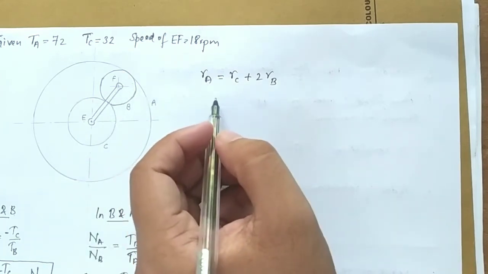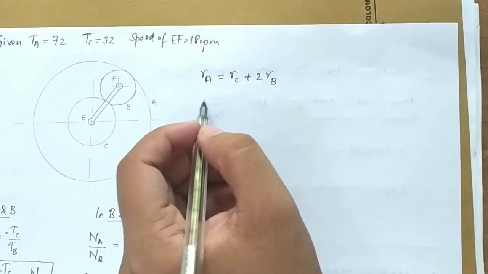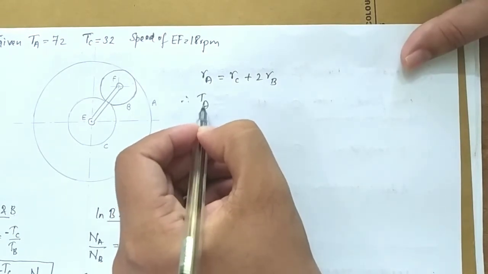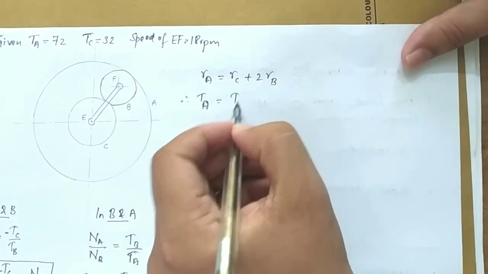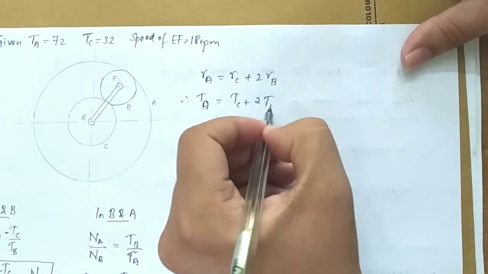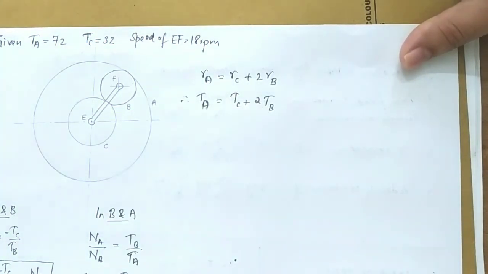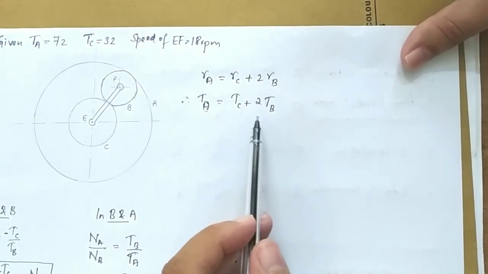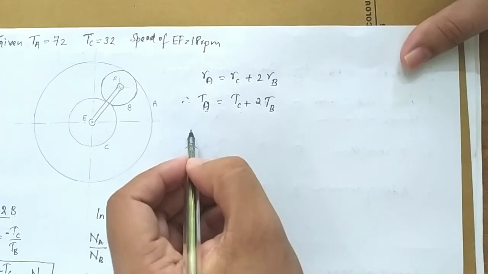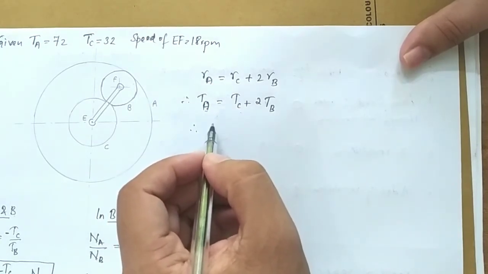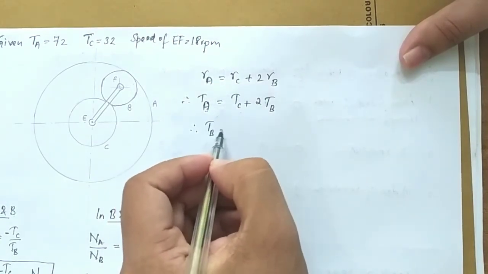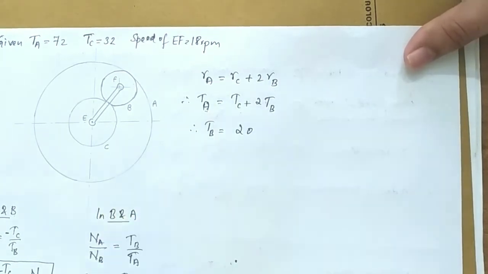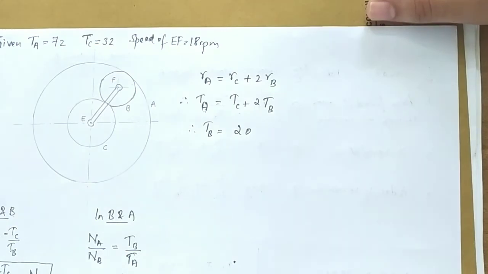This is directly proportional to the teeth, so the same thing you can write for teeth also. Therefore TA will be equal to TC plus 2 times TB. We know TA and TC, so you can find the value of TB. If you substitute all the values, TB will be equal to 20. So this is how you will get the value of TB.